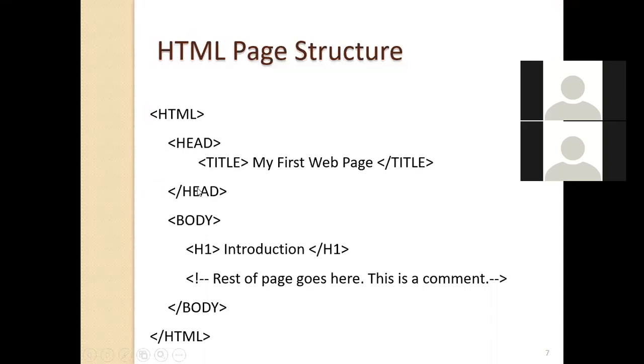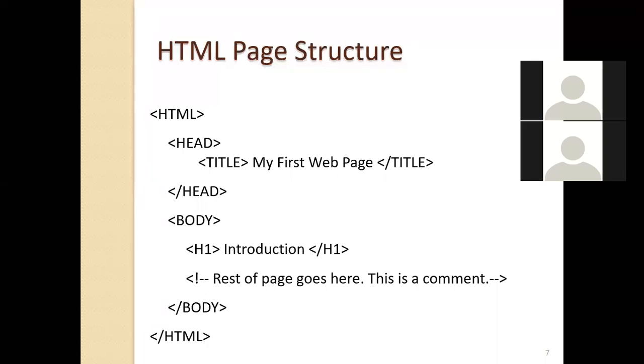Then after your head part, you will have a body, body open and body close. H1, H1, this is for the heading, and this is the comment section. Rest of the page goes like here. I've just mentioned it like this. This is within the comment, so this will not be shown in your page. So this means for the skeleton structure, if you just want to remember, you will have one tag as HTML.